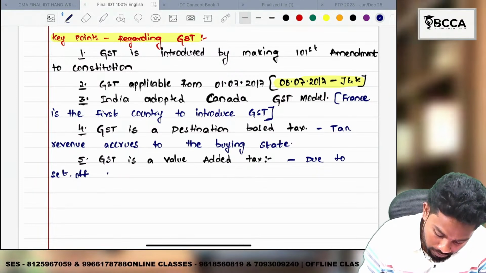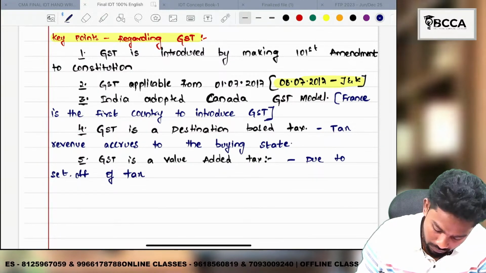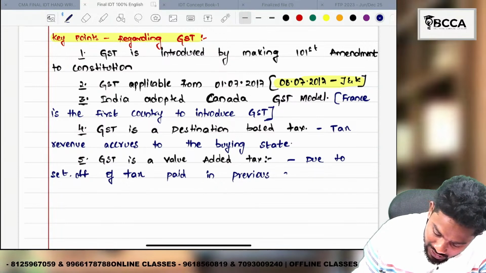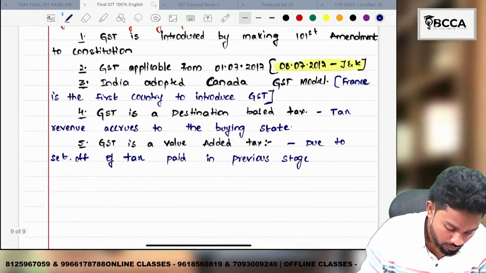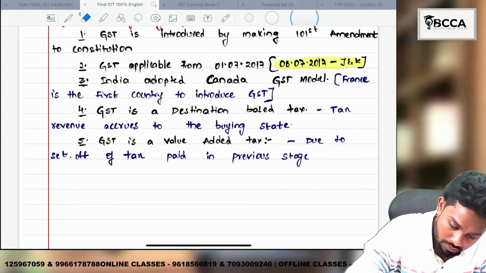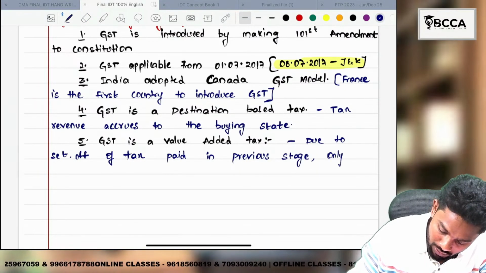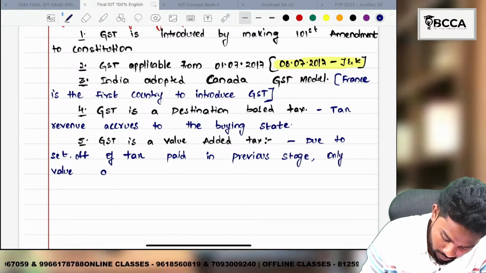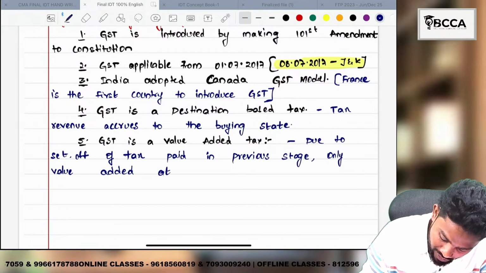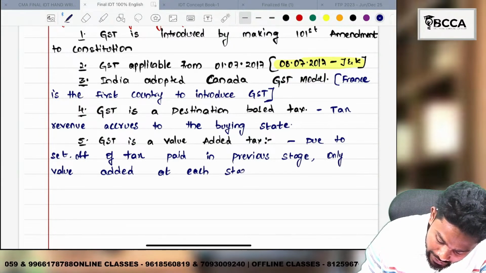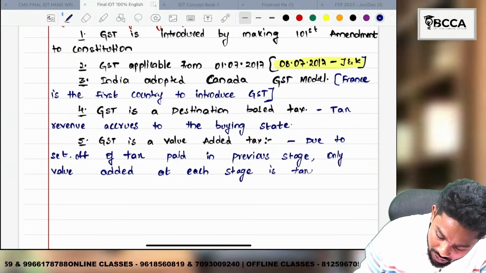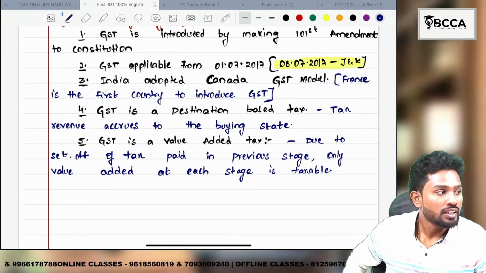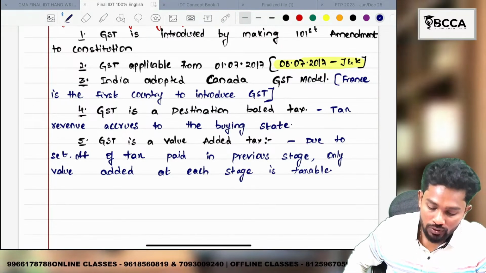Due to set off of tax paid in previous stage, only value added at each stage is taxable. Only the value addition alone gets taxed, not the full amount.